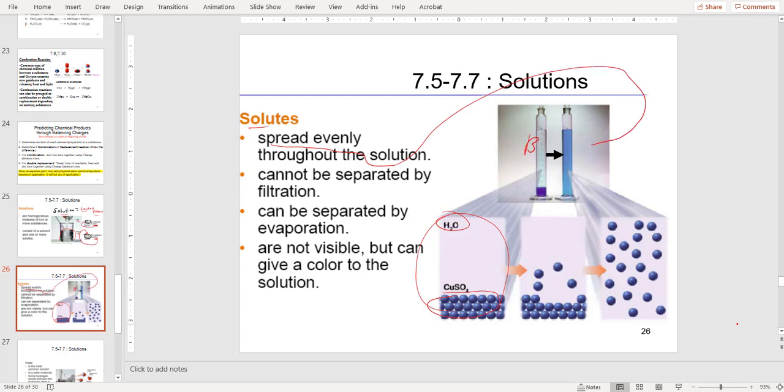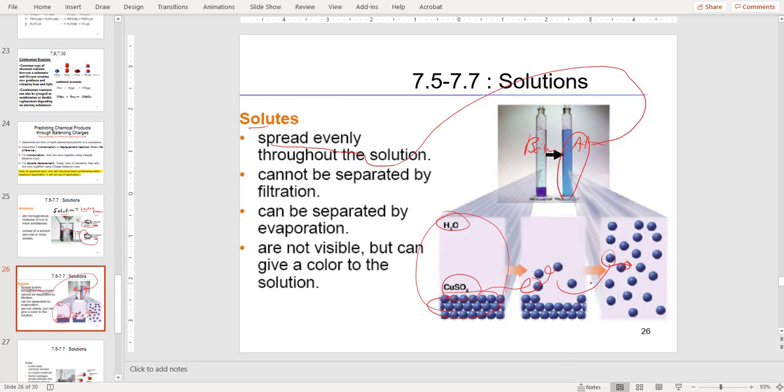So on the left piece of volumetric glassware, that's before, and on the right side it's after, and you can see it's all spread out. And that's because the individual particles that make up the solute like to spread out.